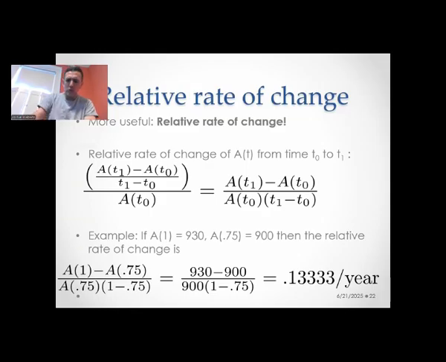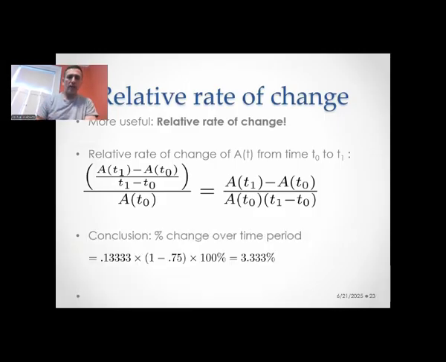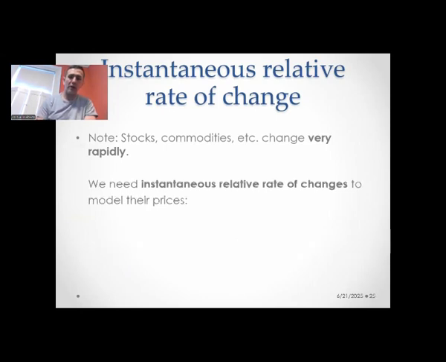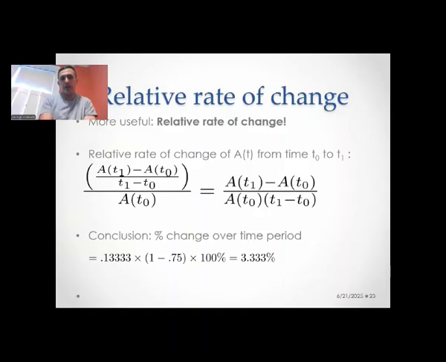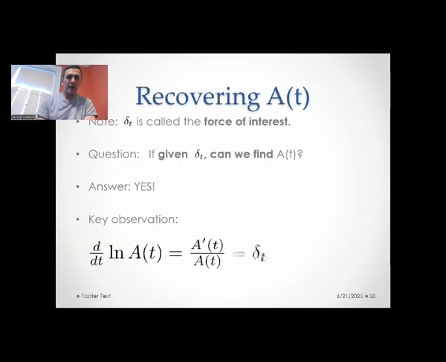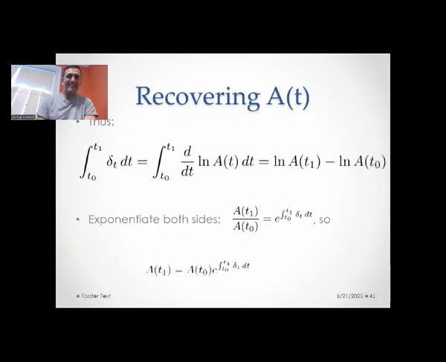So what I want to do to end the force of interest is actually compare using the force of interest to approximate the relative rate of change via computing the percentage change over a small time interval versus actually computing how much you exactly have over a short time interval via this formula.